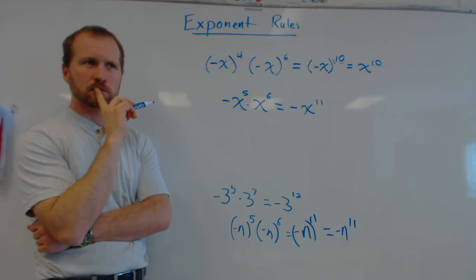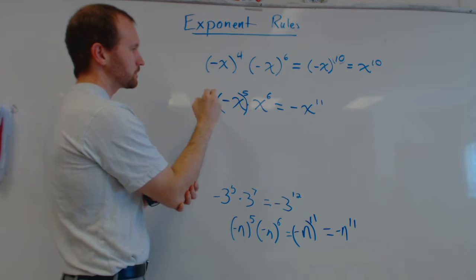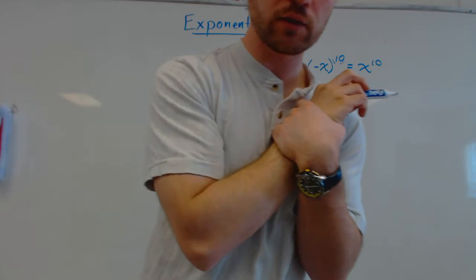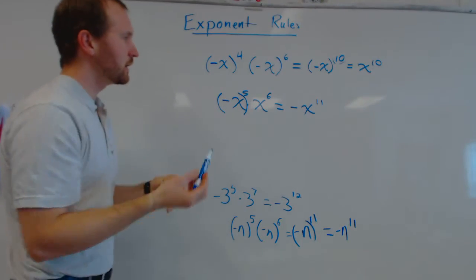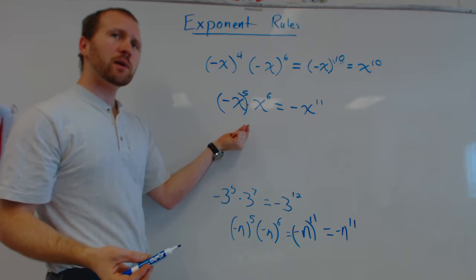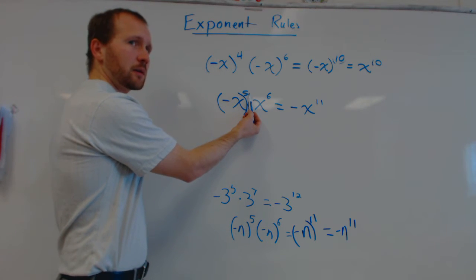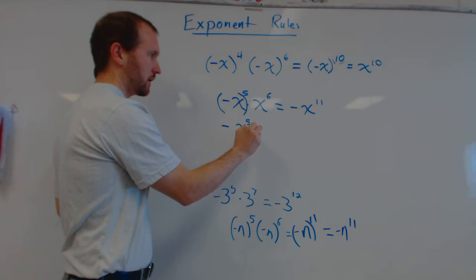No, but with parentheses. Okay, if we had parentheses here, this is a really challenging one. I don't think there's one like this on your homework, but this is a really good question. So if we had something like this, what you'd have to do is figure out negative x to the 5th is going to be negative x to the 5th.